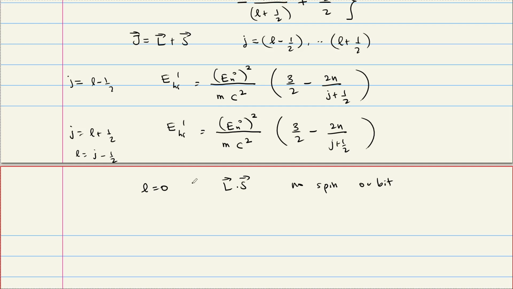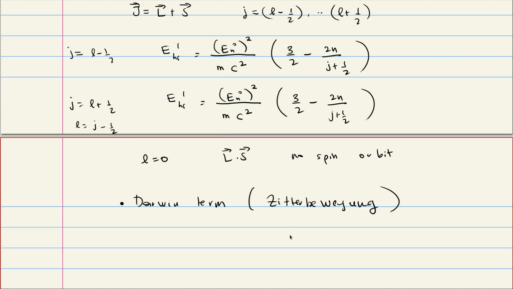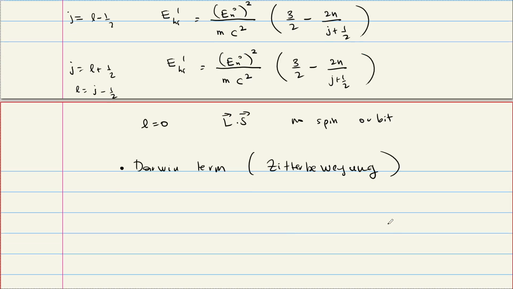There is something called the Darwin term, or in German, I think it's called Zitterbewegung. So this is called jitter motion, due to the finite size of the electron, right? Electron is like a point particle, but if you look at it close enough, it's actually some fuzzy particle, and if you take that into account, it's going to give a term like del squared V, Coulomb potential del squared.